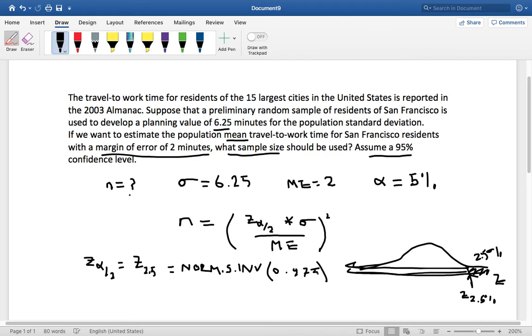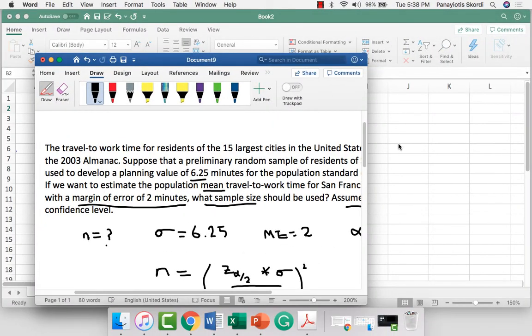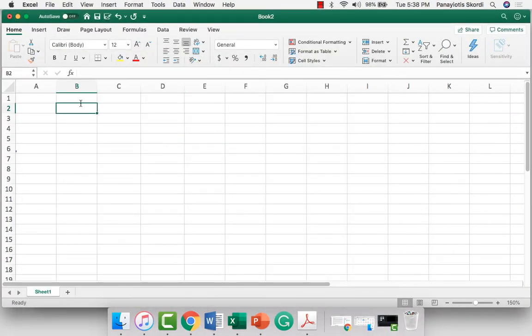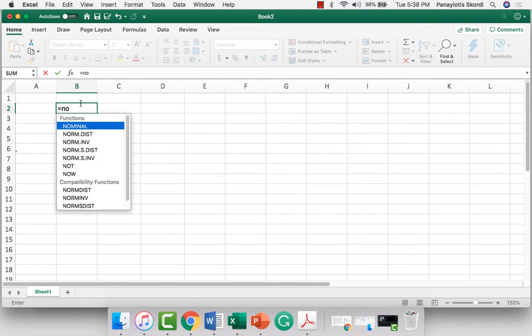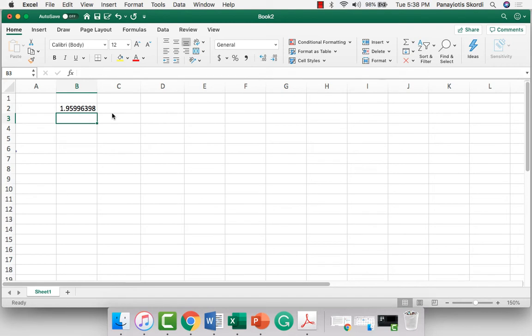So let's go over to Excel and do that. It's going to be equal to norm.s.inv of 0.975, close parentheses, and let's see what that comes to: 1.96.